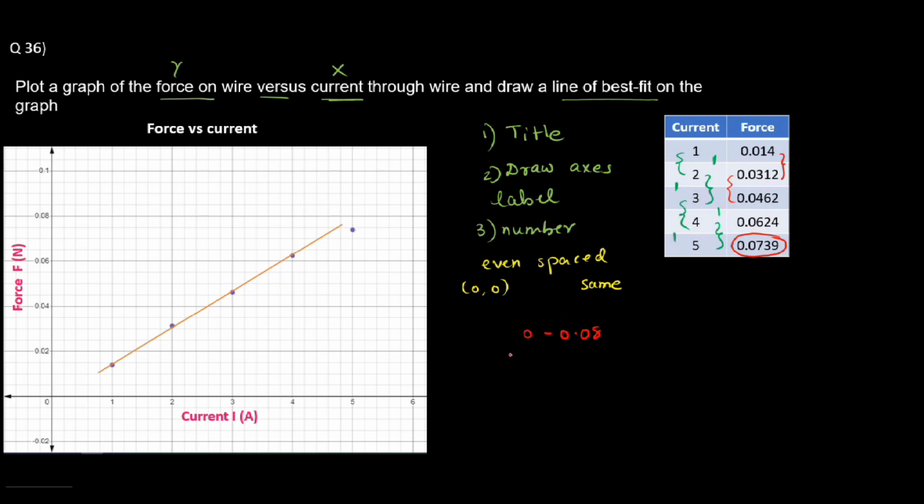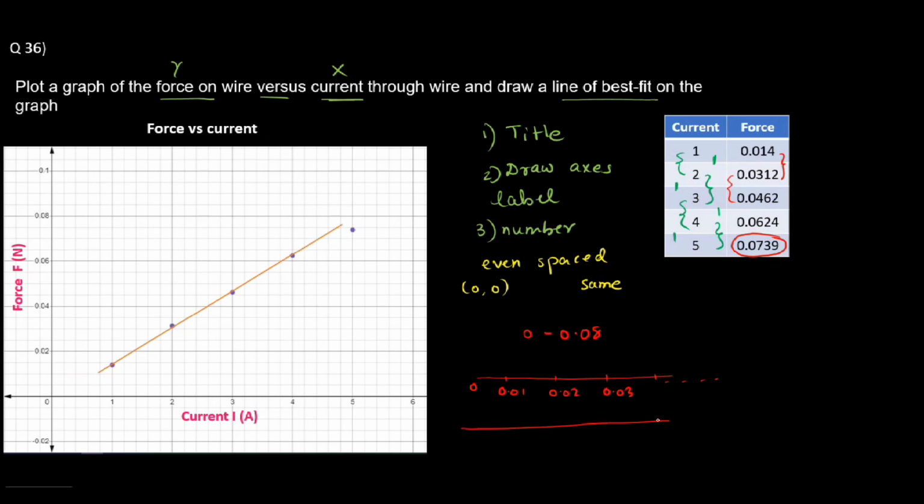Now you can decide how you want to place these numbers in the graph. As long as the difference between two consecutive quantities is the same, it doesn't matter what scale you choose for your graph. So I can start from 0 and go as 0.01, 0.02, 0.03, and so on until 0.08.